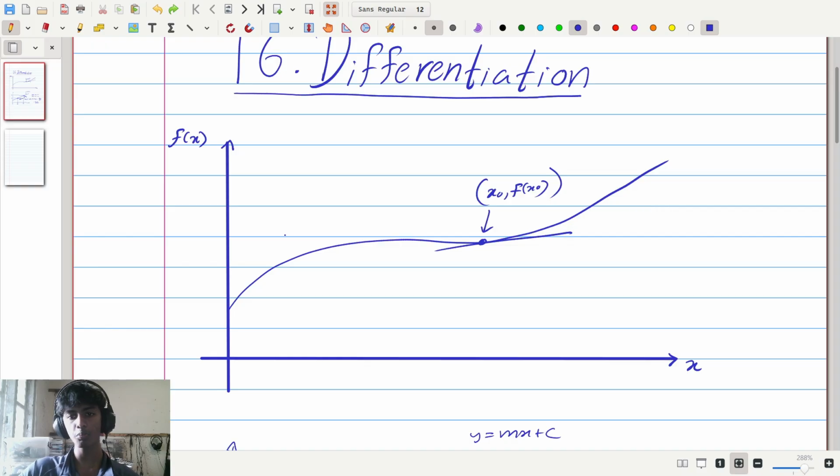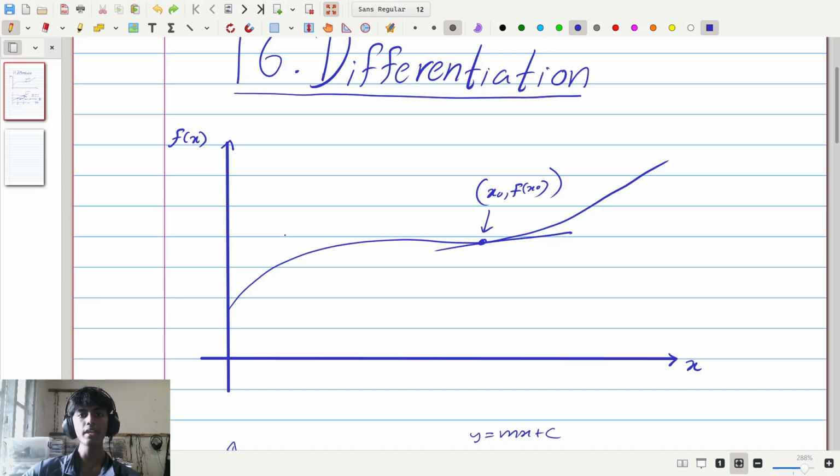If I bring this point even closer, then doing the same process, that line would have a closer gradient to the line we are interested in. In fact, as we bring this point arbitrarily close to the point of interest, then the gradient of that line that we're constructing by connecting this point of interest and the other point is going to get arbitrarily close to the actual gradient we're interested in, which is the gradient of the tangent.